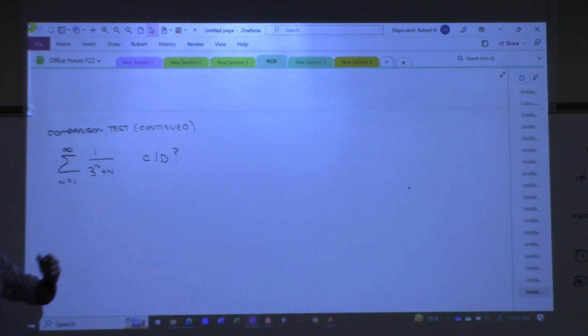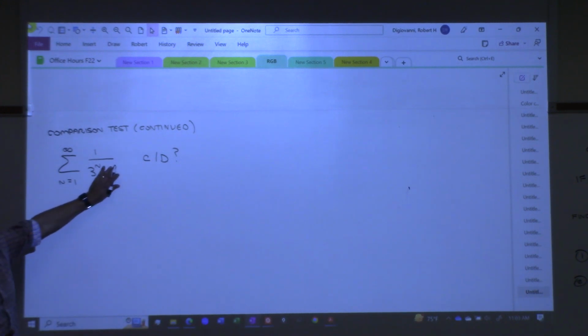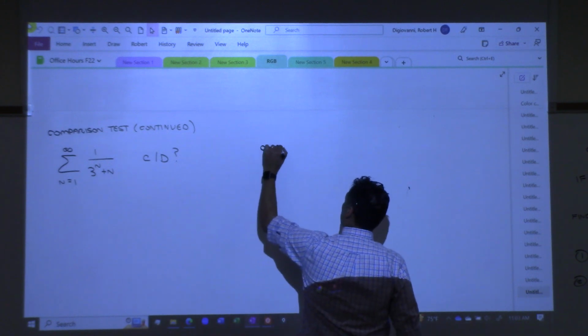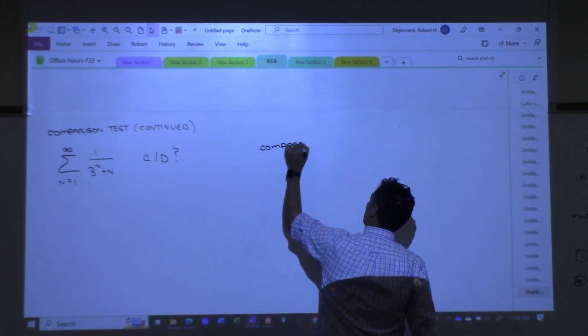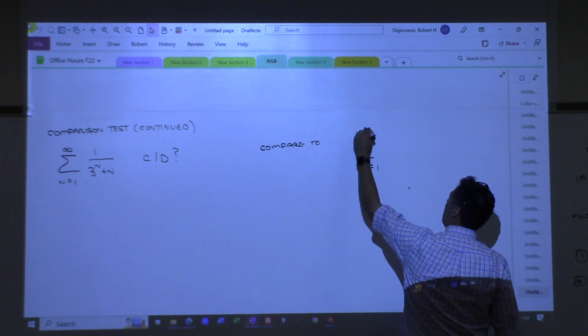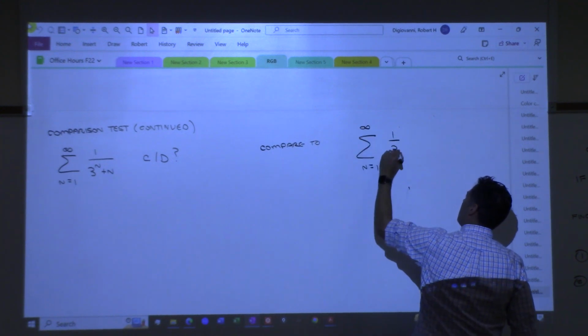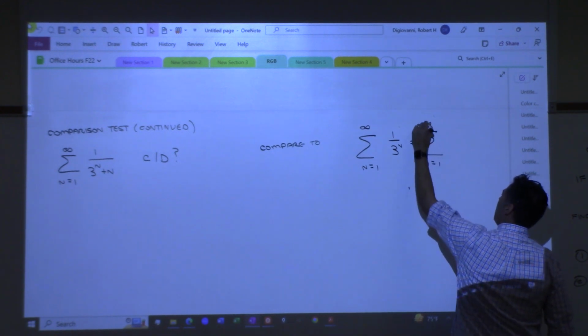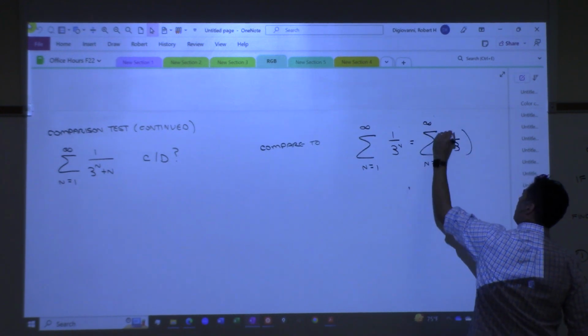So we have comparison test. So I look at that and I say, hey, it was almost geometric. Like if that n wasn't there, it's almost geometric. So that's a good place to start. So I'm going to compare this to the sum n equals 1 to infinity of 1 over 3 to the n, which is really the sum n equals 1 to infinity of (1/3)^n.